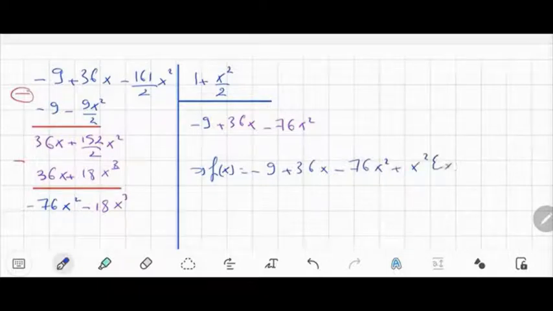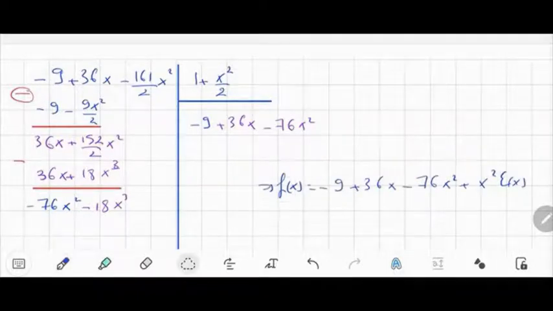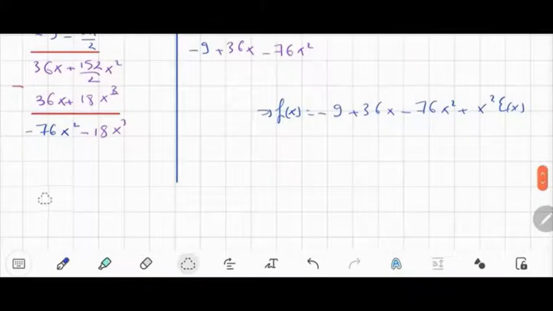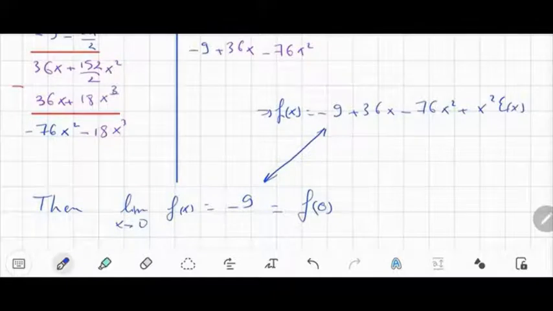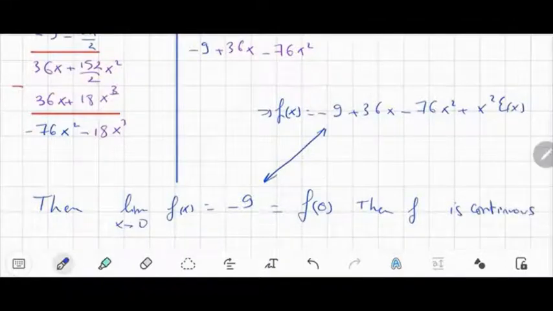Now, from this expansion, we can say that the limit of f of x as x tends to 0 is equal to minus 9, which is the constant term. So it's equal to f of 0 given in the definition of f. Then f is continuous at 0.